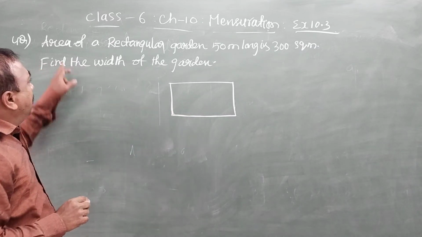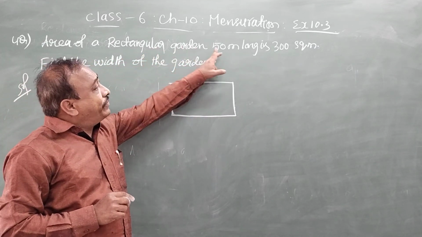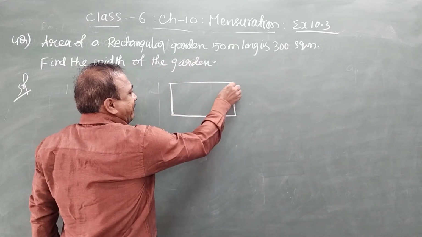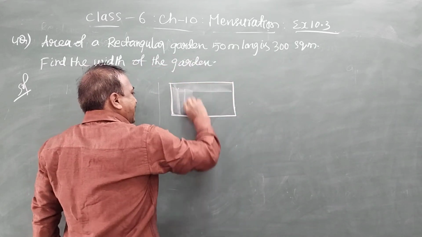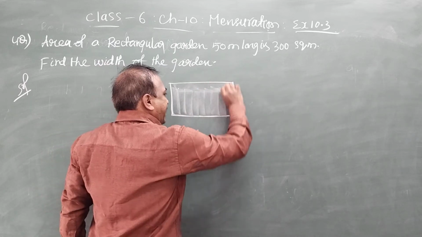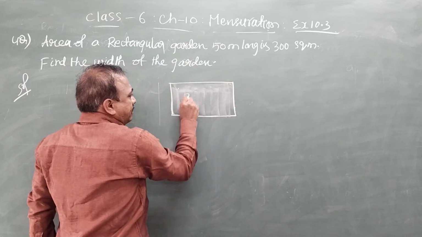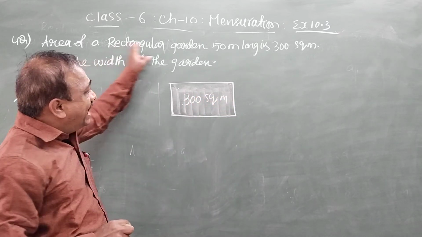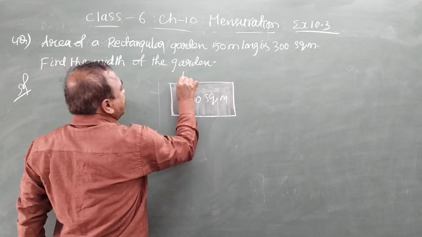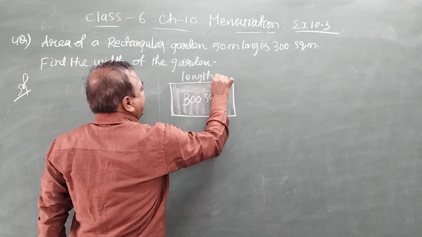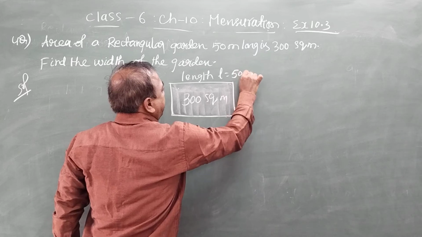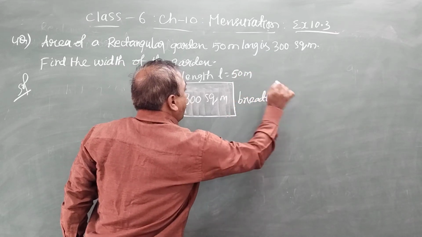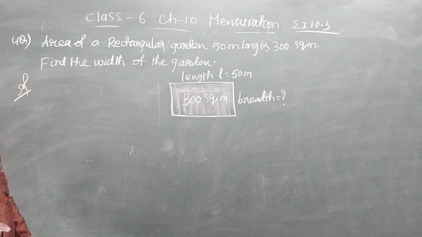This area is given as 300 square meters, and the length of the garden is given, that is 50 meters. Length L is equal to 50 meters. Now we are asked to find the breadth, that is the question mark.